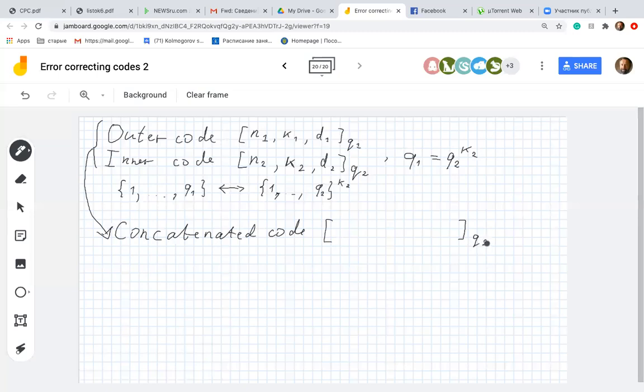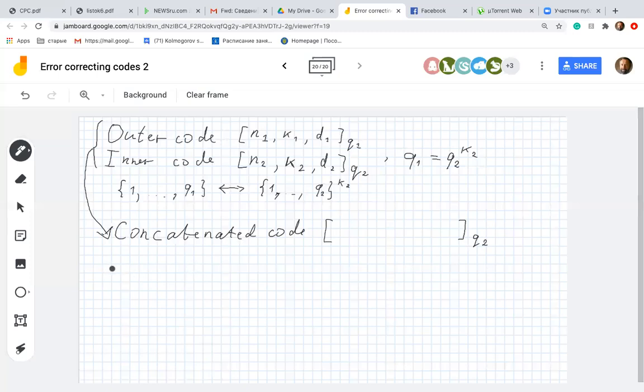So the alphabet of the concatenated code will be the alphabet of the inner code, which is surely smaller than the alphabet of the outer code because of this equality, assuming, of course, that K2 is large. So Q2 is exponentially, so to say, smaller than Q1.